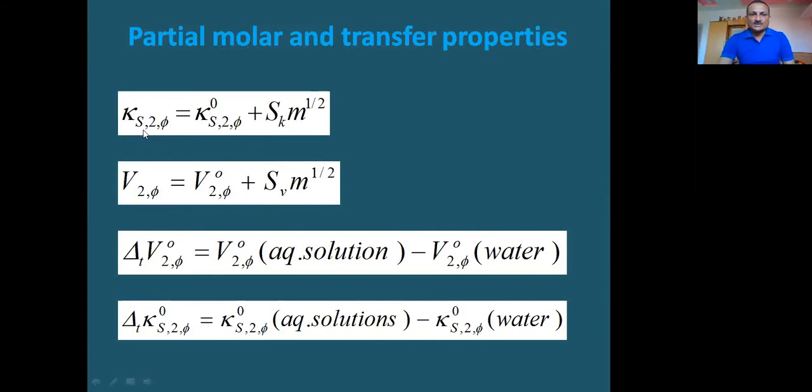Similarly, the isentropic compressibility also depends linearly on the concentration of the solution. Therefore, by fitting the data of apparent molar volume and apparent molar isentropic compressibility to these equations, we can determine the partial molar volume and partial molar compressibility.